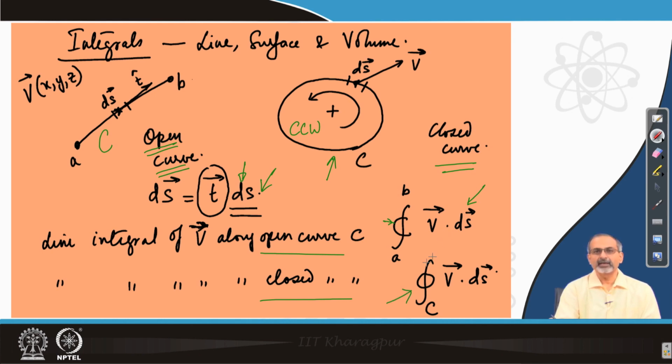While if we take it along the closed curve, we would indicate it with a closed curve written on the integral. It is not always possible to follow these nomenclatures very meticulously in terms of drawing a complete curve or an incomplete one, depending on the context that we are discussing.